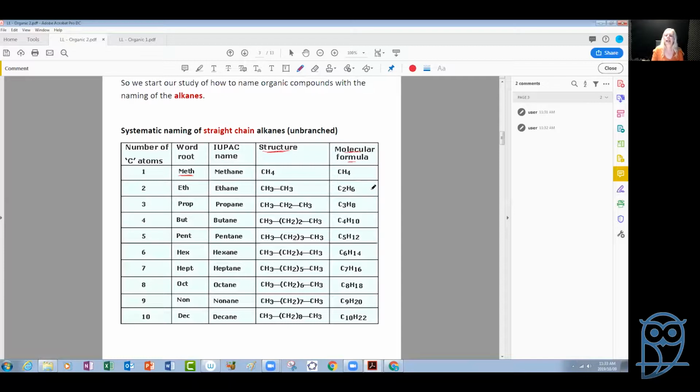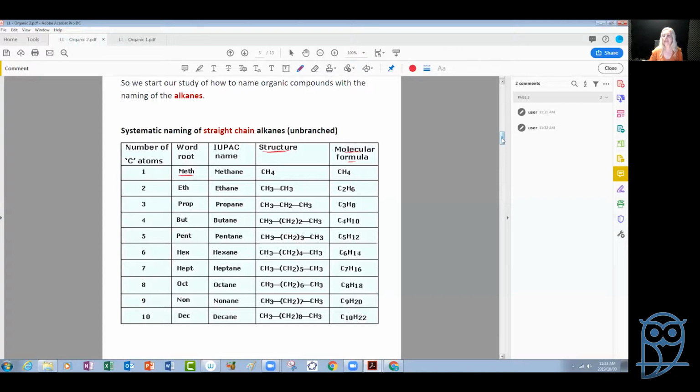So it becomes obvious that there are different ways to represent organic compounds. In fact, did we say last week that the molecular formula, strictly speaking, is not extremely helpful in organic chemistry, because we can't really see the structure of the molecule and the type of bonds that are there. So we prefer other types of formulas.